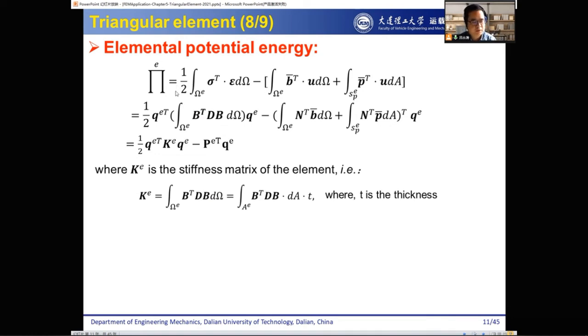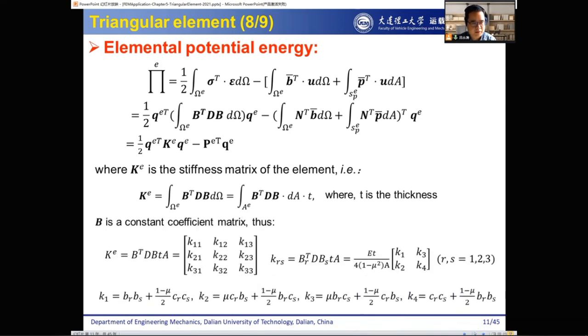The potential energy inside the element is the stress times the strain. This is the internal energy, and this is the external energy, which means this is the energy done by the external force.